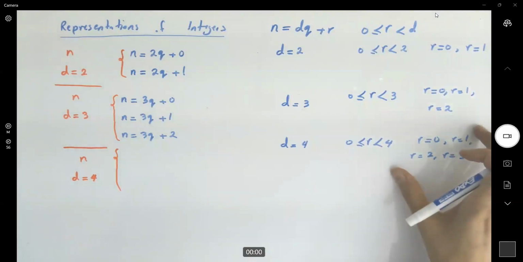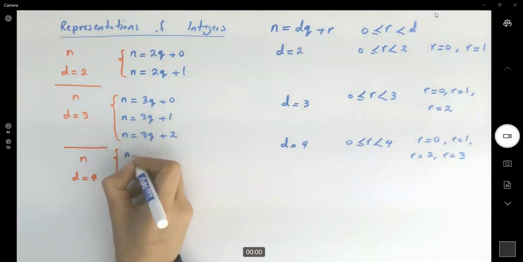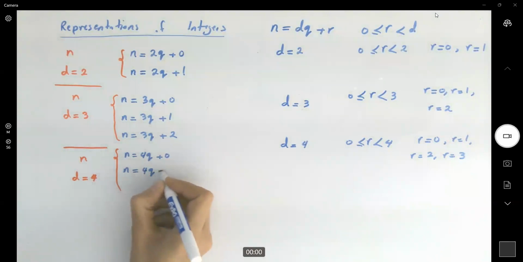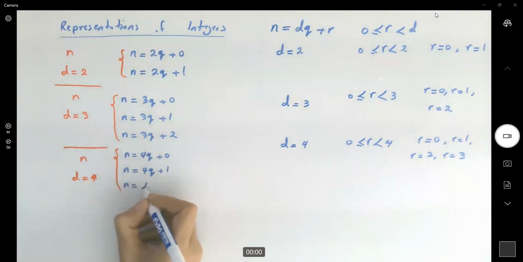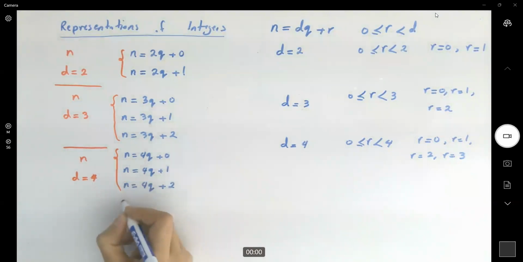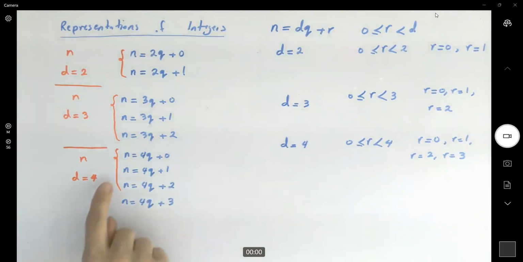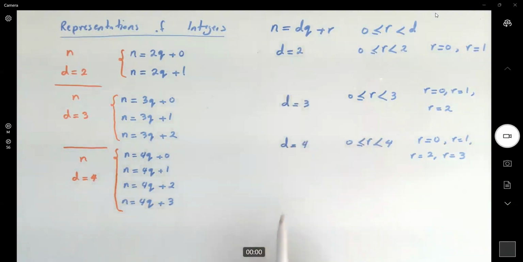So you have 4 different scenarios. n is 4q plus 0, n is 4q plus 1, n is 4q plus 2, n is 4q plus 3. So these are the representations of integers when you're using different numbers. You can use 5, and then you get 5 different classifications.